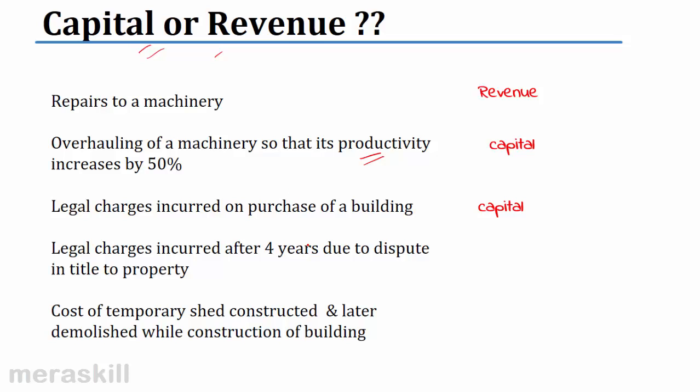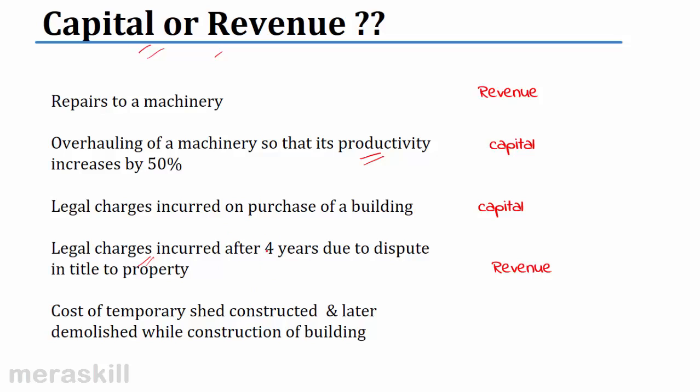Legal charges incurred after 4 years due to dispute in title to property. Why is this incurred? In order to maintain my title of ownership. Therefore, this is revenue. It is not adding any additional economic value.